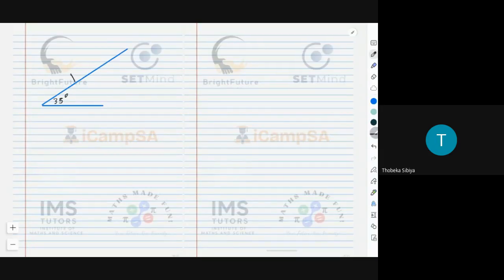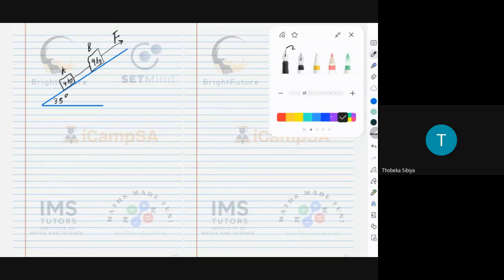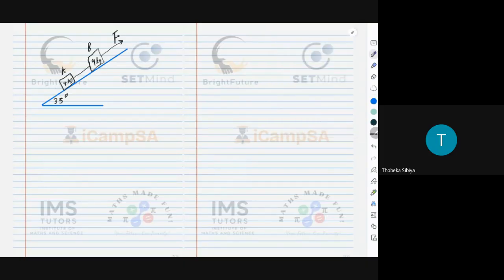Here you would have box one, then this other box, box two. Then our force is flat like this, which is force F. This is your 9 kg, block B, and this is block A, 4 kg, right? So this is on a rough surface.